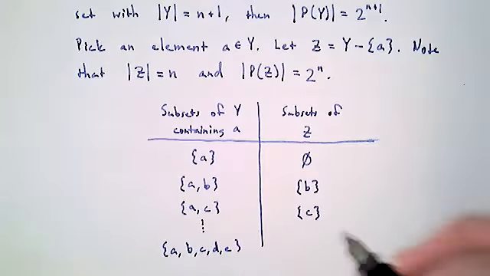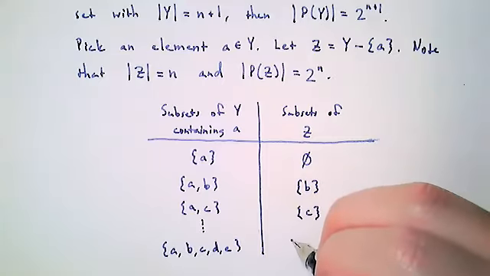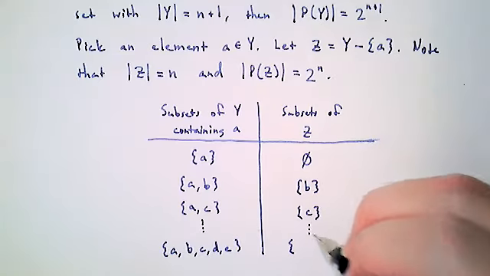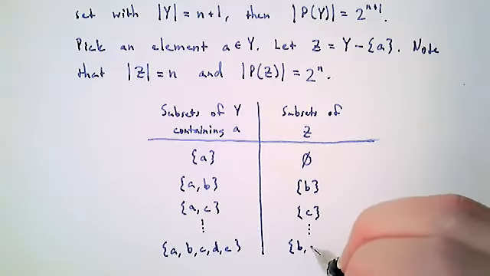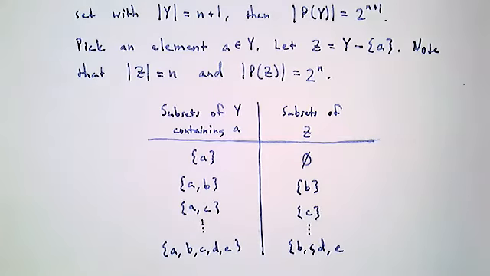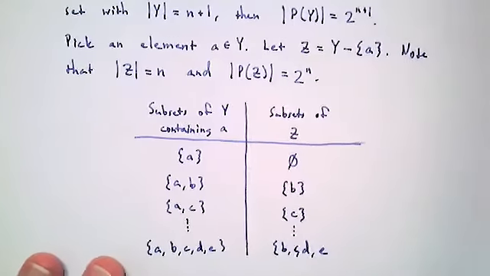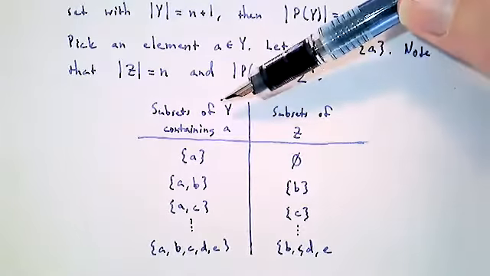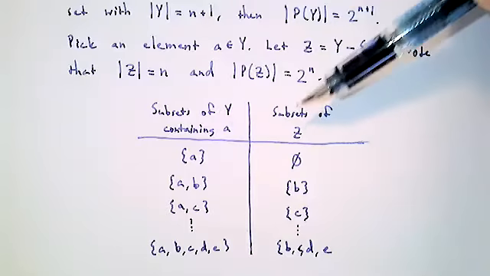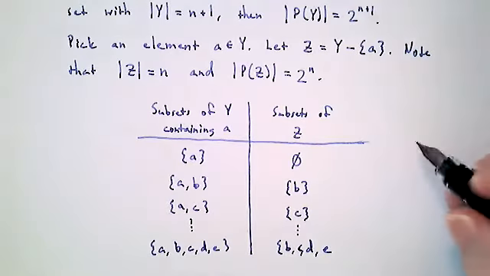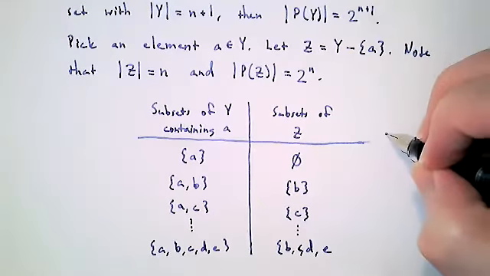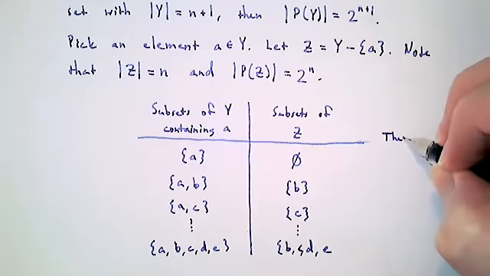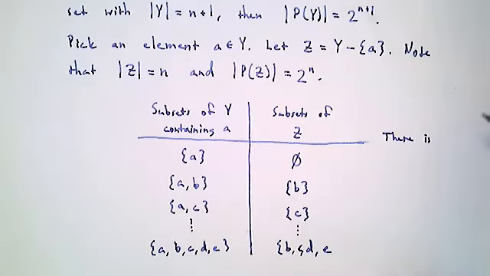We can again just throw A out to get a new subset of Z. So you can see that there's this correspondence between subsets of Y containing A and the subsets of Z. So I'm going to make a note over here to the side that there's a one-to-one correspondence between these two columns.